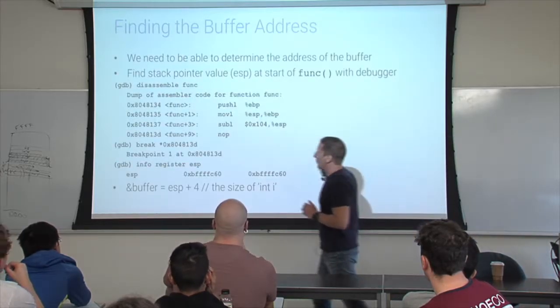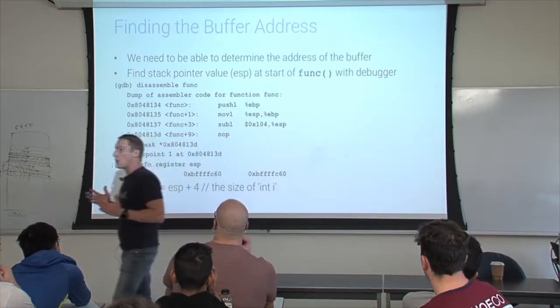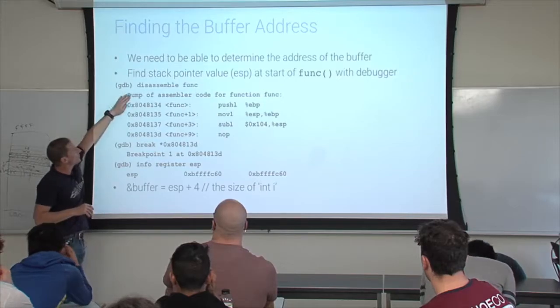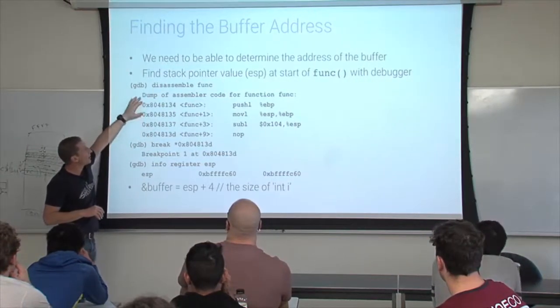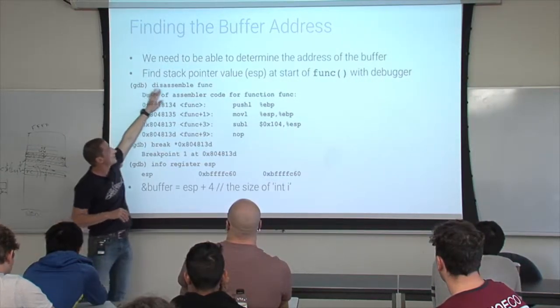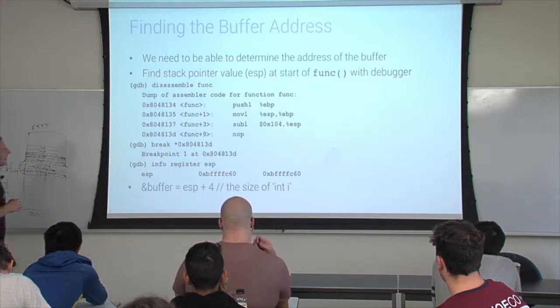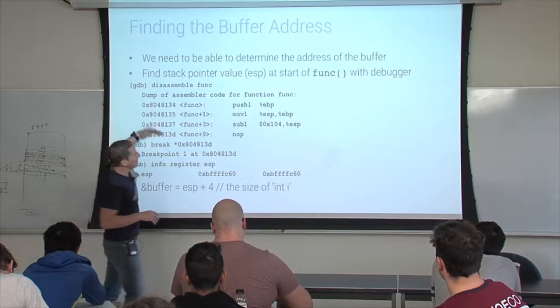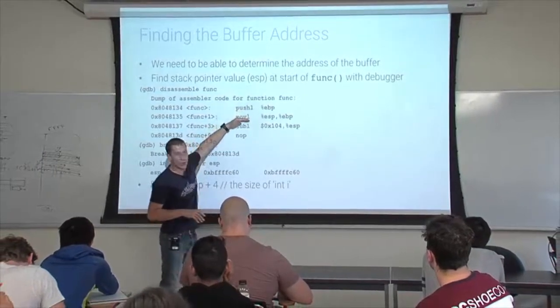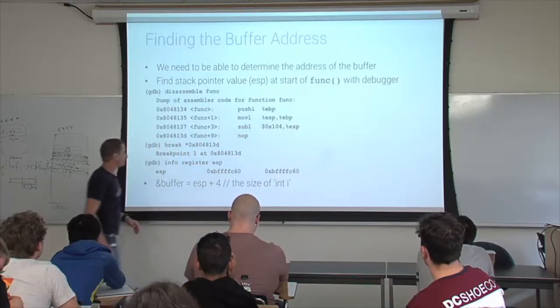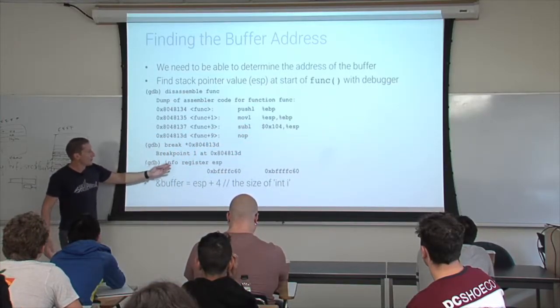So first of all, we have to understand, where is the stack? And what you can do, you load this thing in the debugger, the function, and you can say disassemble our function, func, okay? And you can see that here there is the classic entrance of a function, allocate some stack, etc., etc. And here you can put a breakpoint.